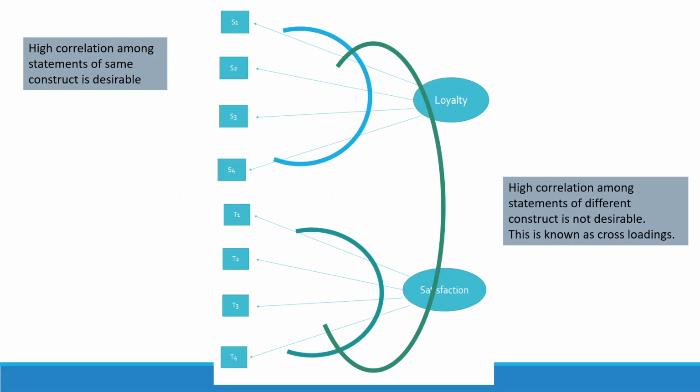But this is not desirable, which means that the statements S1 to S4 should not be highly correlated with T1 to T4. So the high correlation among statements of different constructs is not desirable. If this happens, this is known as cross-loadings. So this is desirable, this is desirable, this is not desirable.